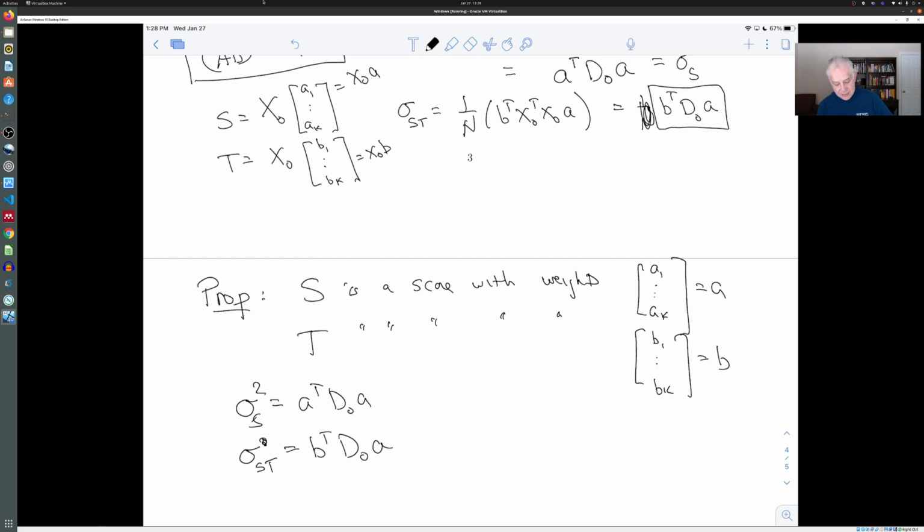And if this bothers you, remember that D0 is symmetric, so you could take the transpose of this and you would get A transpose D0B. So the order of A and B doesn't matter in this case.